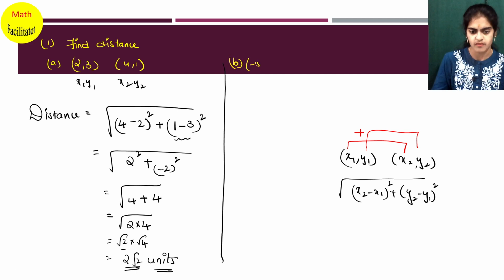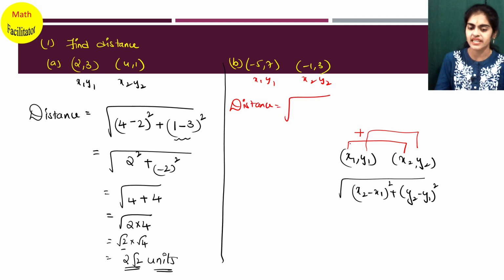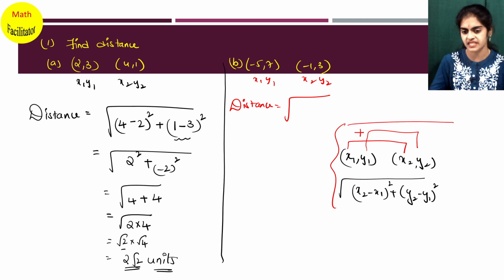The points given are minus 5, 7 and minus 1, 3. So let us assume this is x1, y1, x2, y2. So distance between these 2 points is now root over x2 minus x1 whole square. This is the formula, isn't it? So root over x2 minus x1 whole square plus y2 minus y1 whole square.